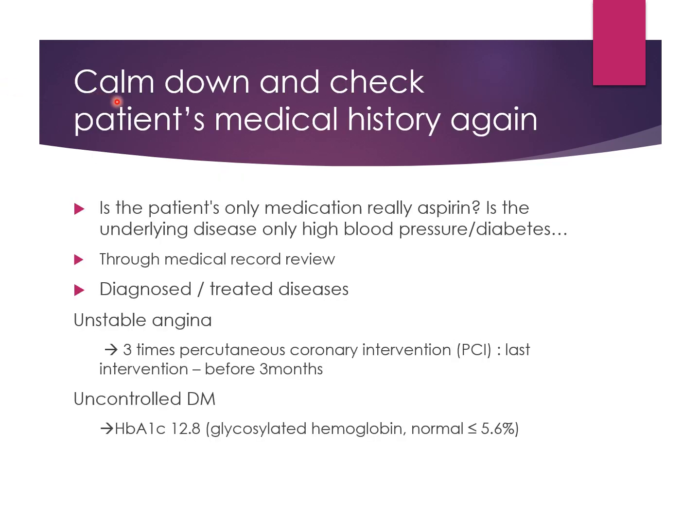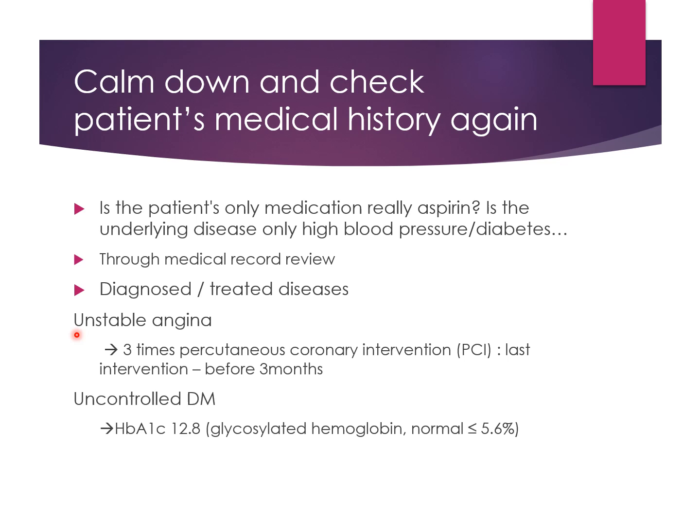So I calmed down and checked the patient's medical history again. Is the patient's only medication really aspirin? Through medical record review, she was diagnosed with and treated for unstable angina and uncontrolled DM.